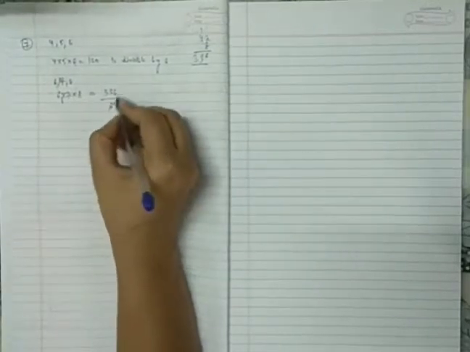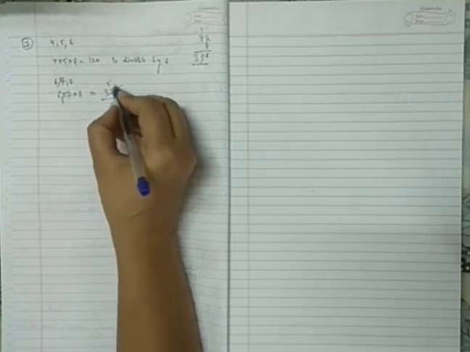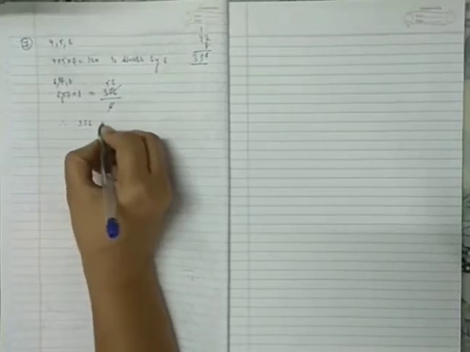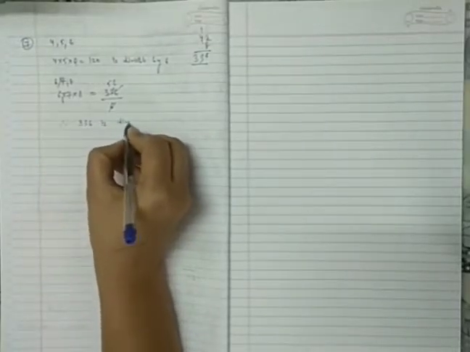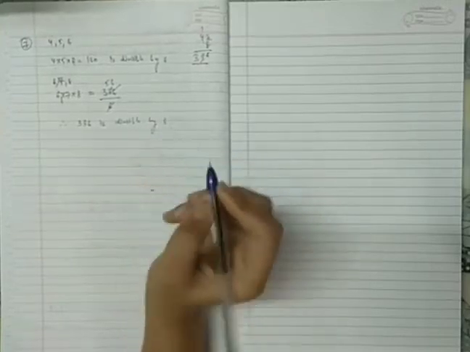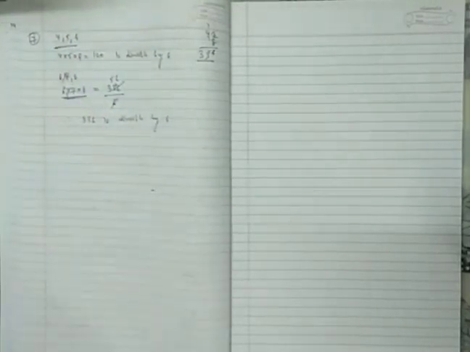So you get 6 5s are 30, 56. Therefore, 336 is divisible by 6. So, if we have three consecutive numbers, then they will be divisible by 6 definitely.